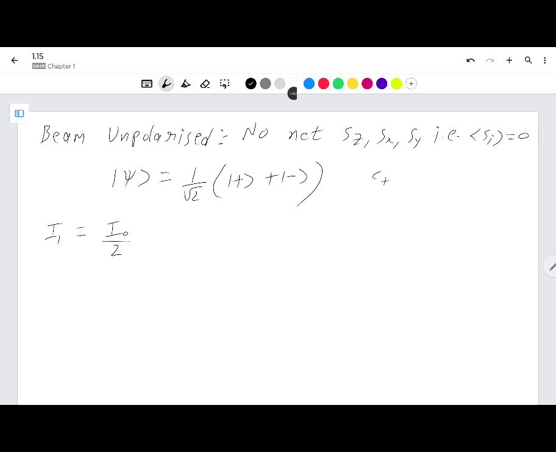So |c plus| squared equals |c minus| squared is half, which is your probability or intensity.